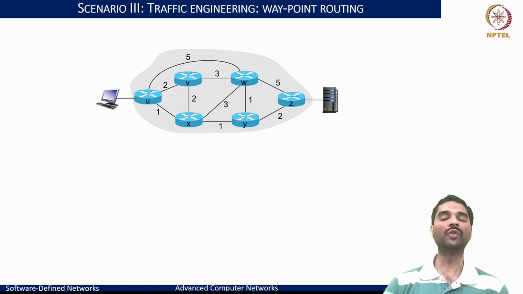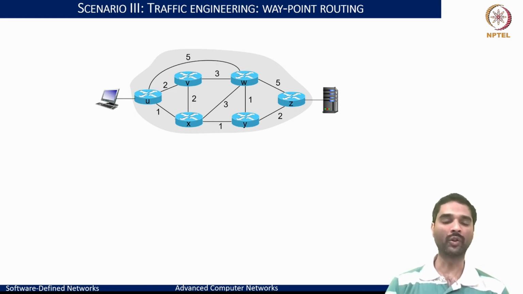In such cases, you cannot deploy these middle boxes at every place. They would be at just one particular point in your network. So any traffic that enters would have to go through these specific points to ensure that you are able to treat these packets with the desired middle box functionality.